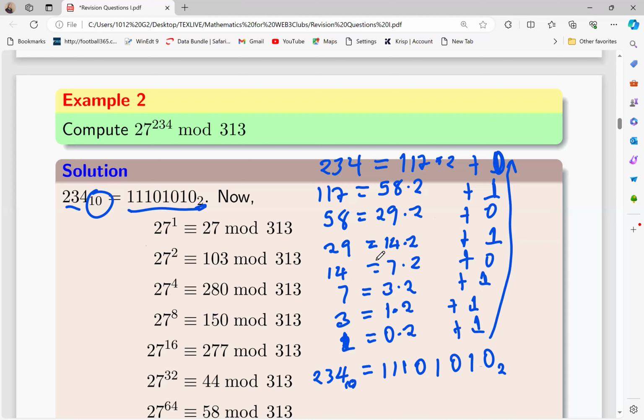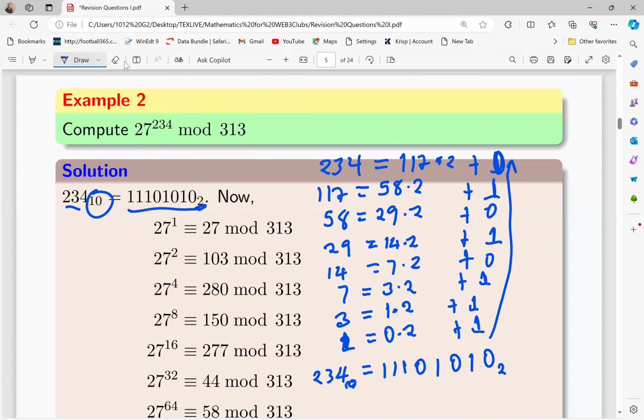We've seen how to write a decimal number in binary. Let's now begin successive squaring, and we shall move together if you have a calculator.